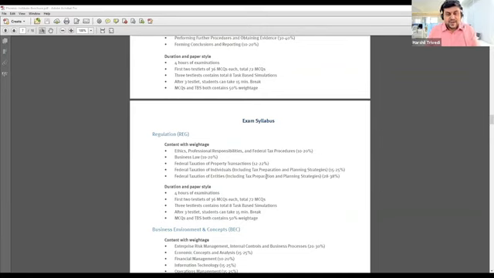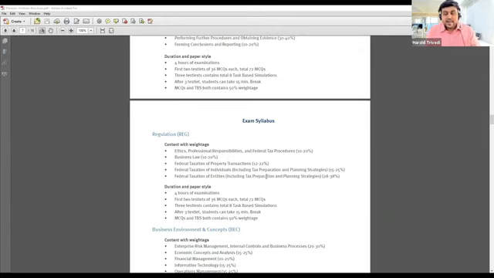But yes, there are a couple of chapters. First will be ethics, professional responsibility, and federal tax procedures, which cover 10 to 20%. In any of the given acts, there will be ethics, professional responsibility, and a certain amount of procedures, and they have their own importance. So this chapter is really very important.